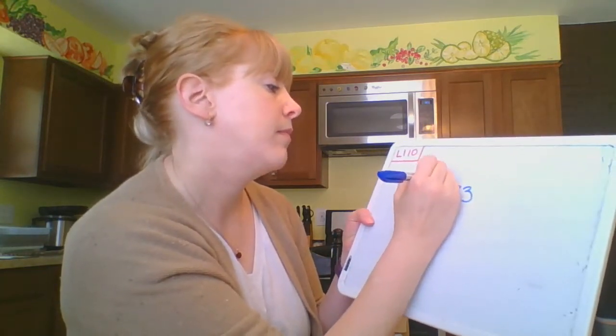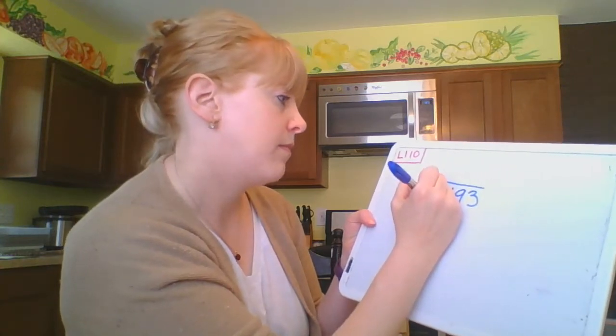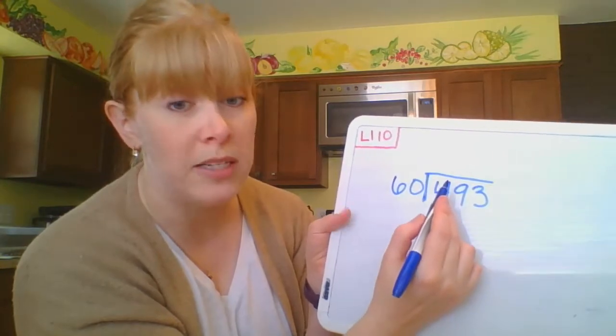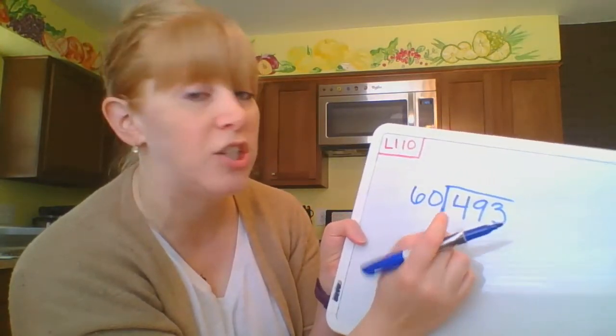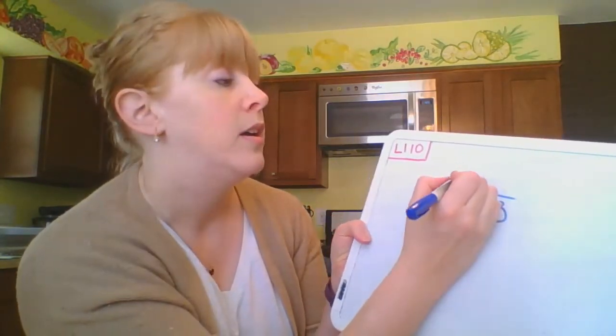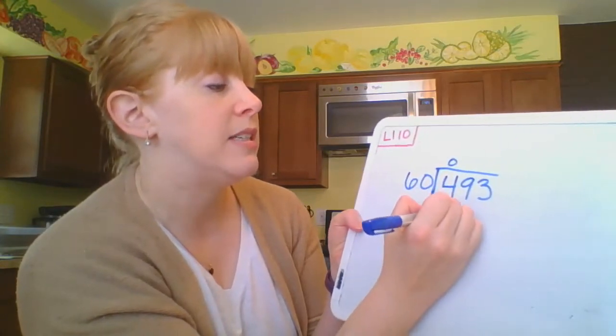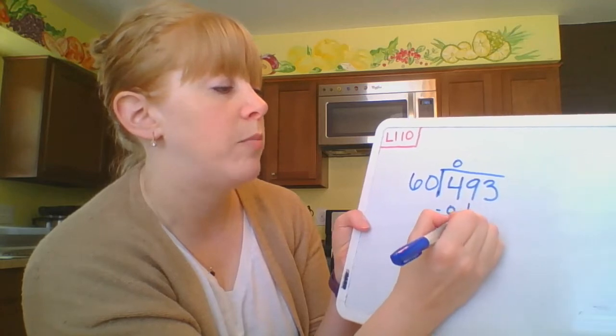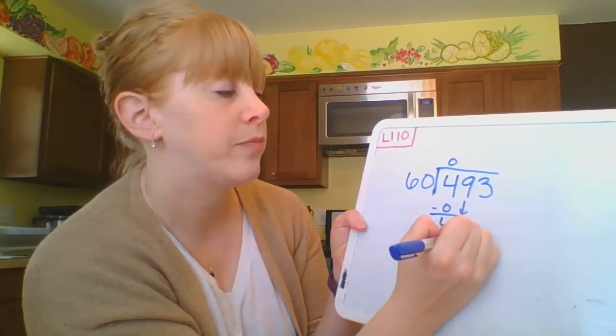Automatically, I have to use one placeholder because I can't divide a single digit number by a double digit number. 0 times 60 is 0. 4 minus 0 is 4. I'm bringing down my 9.